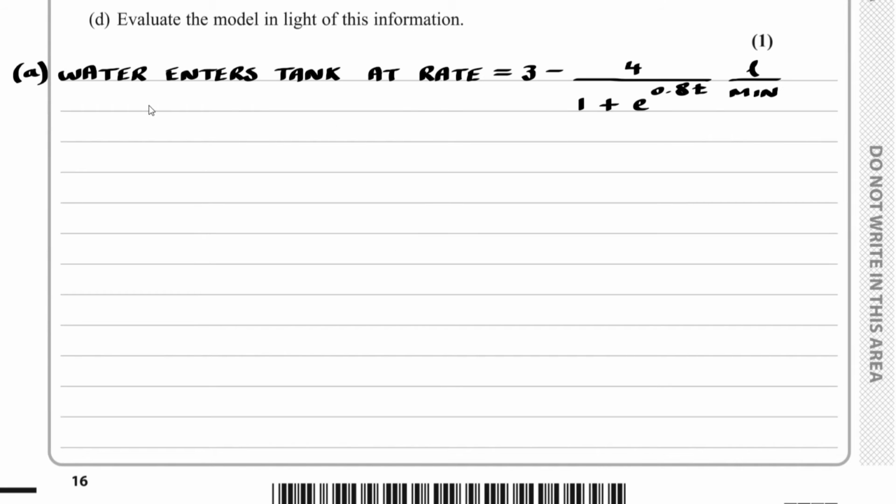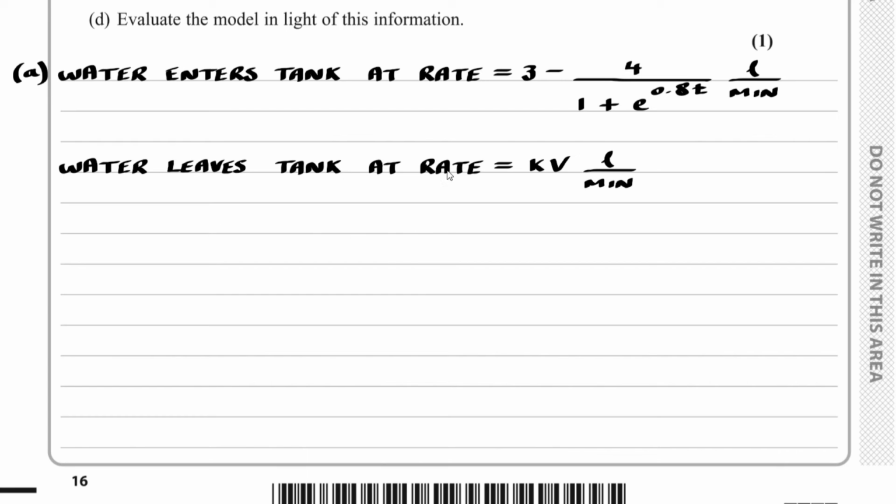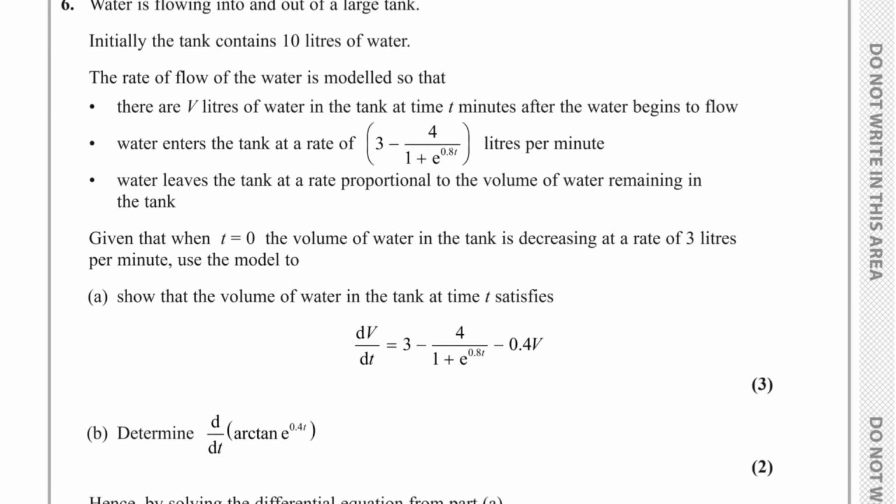So for part A, water enters the tank at a rate of 3 subtract 4 over 1 plus e to the 0.8t litres per minute. And water leaves the tank at a rate of kV litres per minute. The reason we multiply V by some constant is because we know water leaves the tank at a rate proportional to the volume of water remaining in the tank.